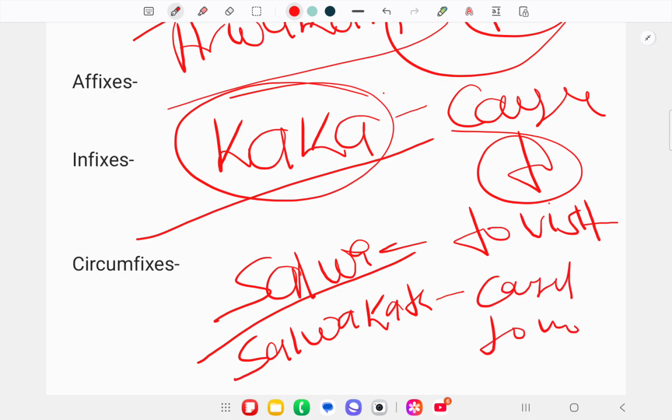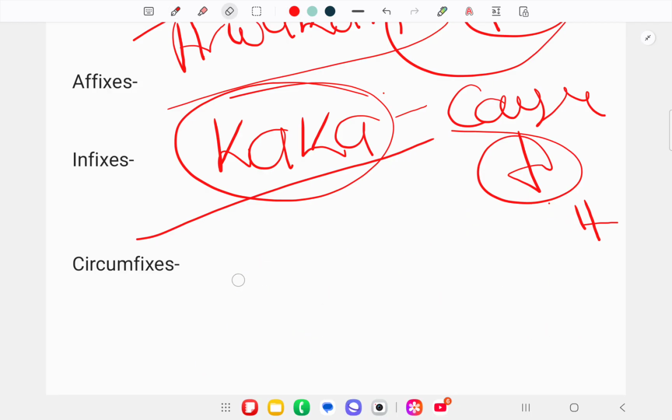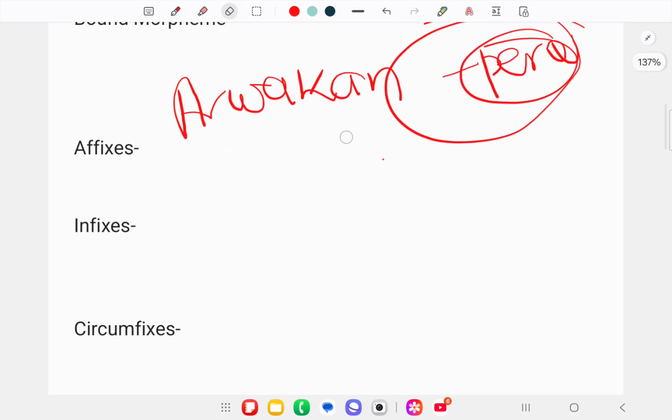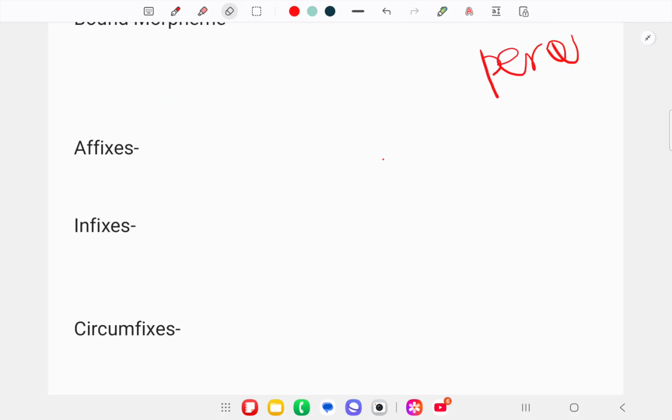Next we have another point. We have discussed prefixes and suffixes. Now we have infixes. What are infixes? Infixes are not present in all languages, only some languages have them.